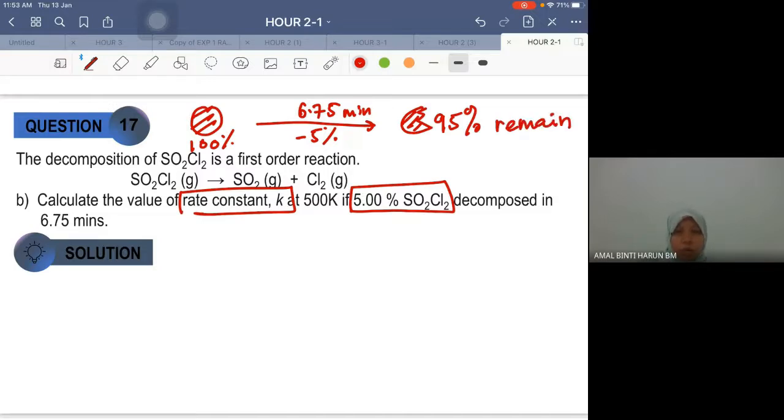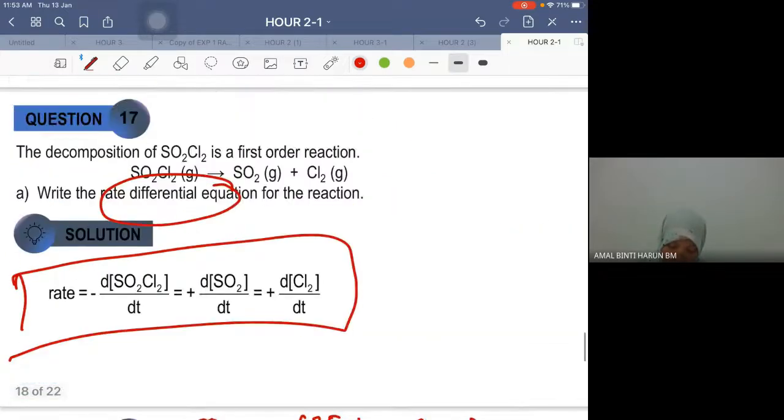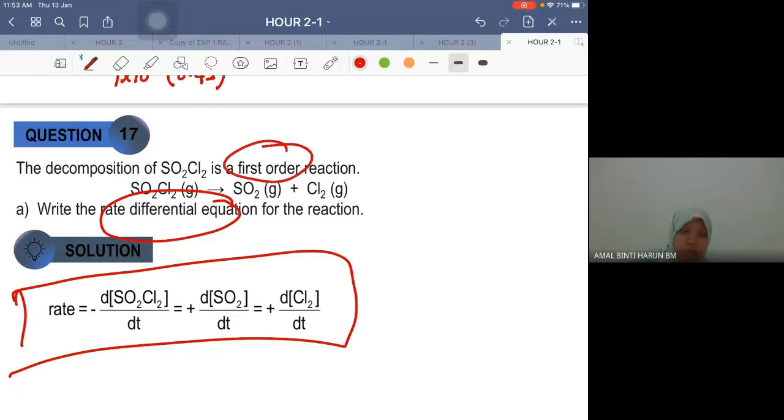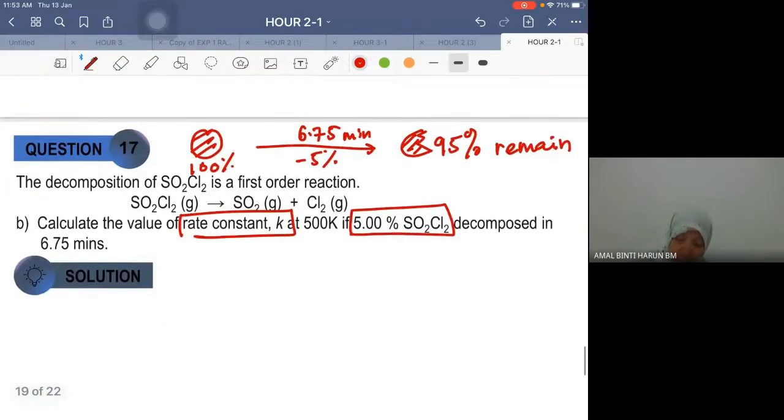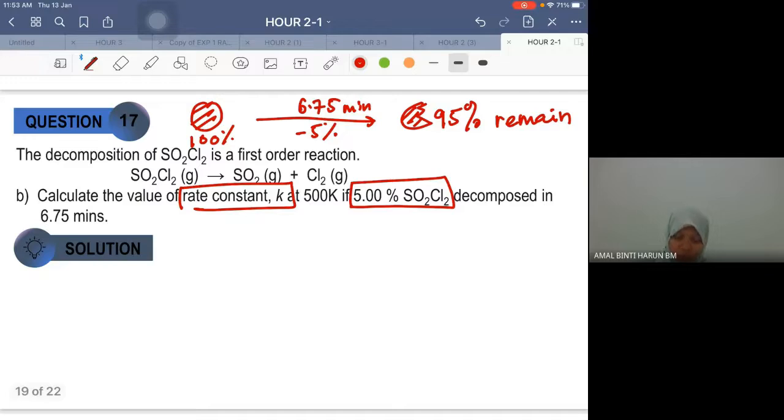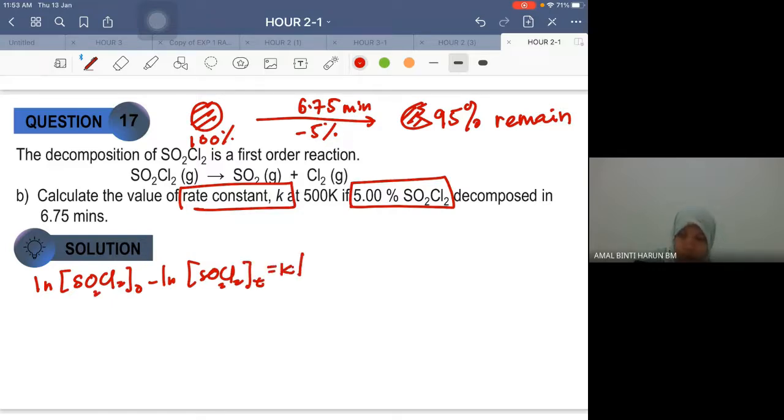Okay, so dia order ke berapa tadi? Bagi order. It's a first order. Okay, then dia tanya apa? K. So kita boleh guna integrated, which is ln SOCl2 initial minus ln SOCl2 at time t equals Kt. Ln initial is 100%, minus final is 95%.